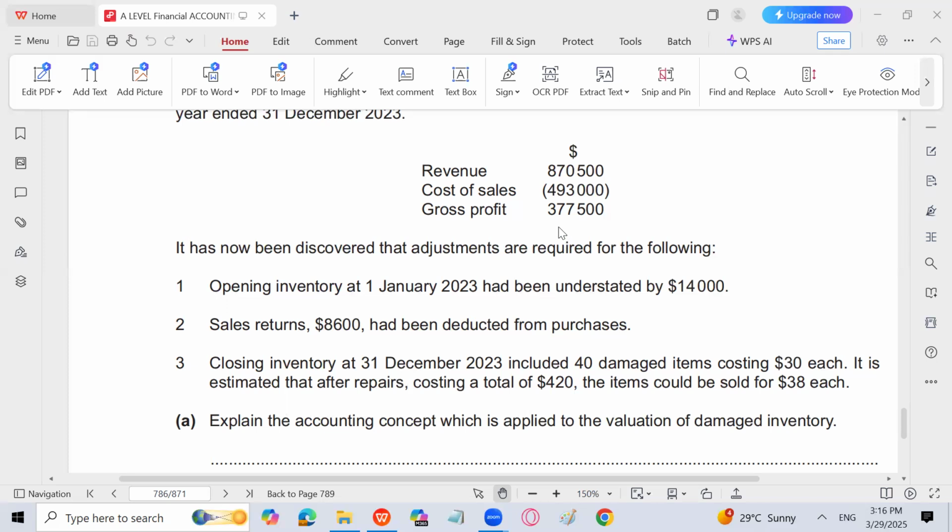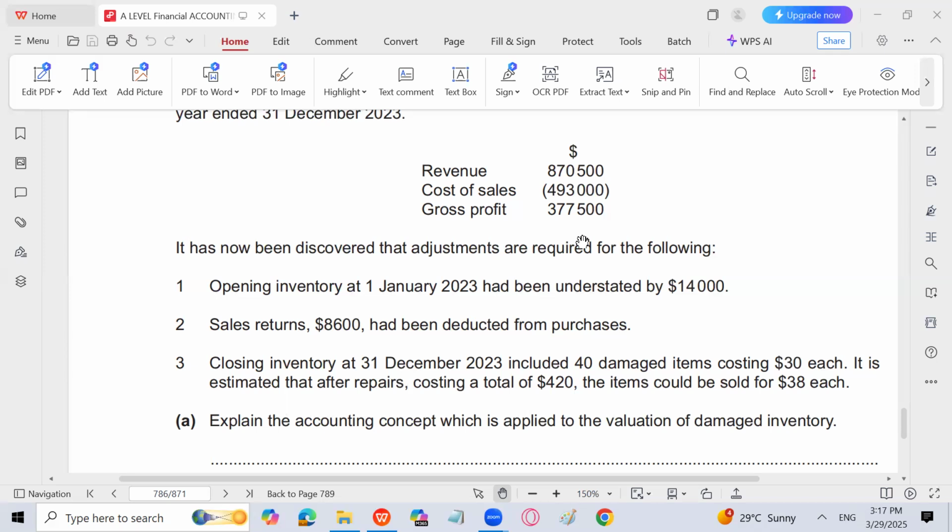Opening inventory is an expense for the business, so you need to increase the expense, which means you have to decrease the gross profit. So 14,000 will be subtracted from gross profit.